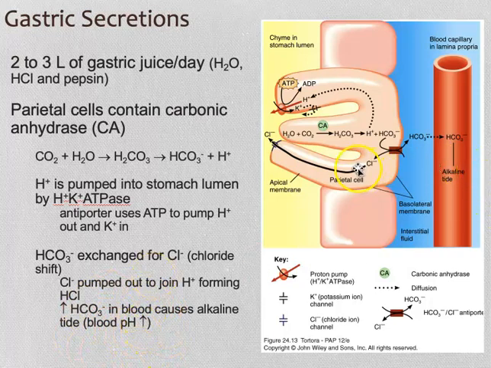So let's say you're right around dinner time, or right around when you're producing a particularly large amount of stomach acid. If you had a little meter stuck into your blood vessels measuring pH, you would notice that as you're producing particularly large amounts of stomach acid, your blood goes slightly more basic with an alkaline tide, and then it's quickly corrected, but you'll see this little kind of tide, like a little wave.